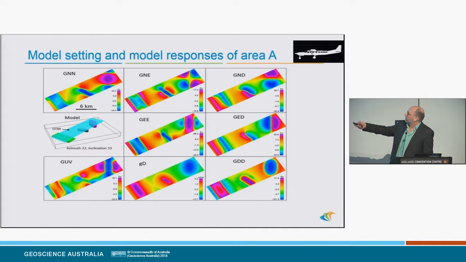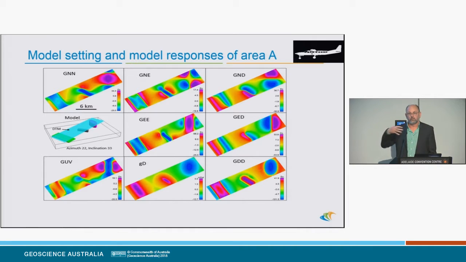And we can calculate through modelling just the components of the gravity gradient tensor, so the north components, east components and the vertical component. We also calculate GUV, which is just half the difference of these two, and the vertical gravity. And of course the G&E and the GUV are the 2 components that we actually measure.